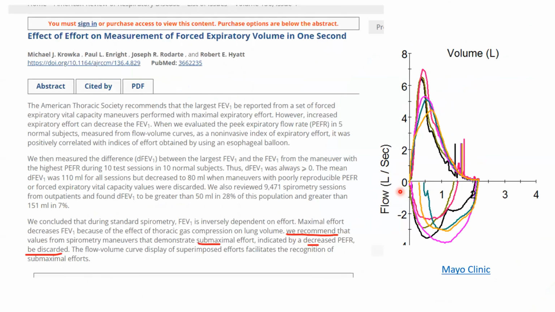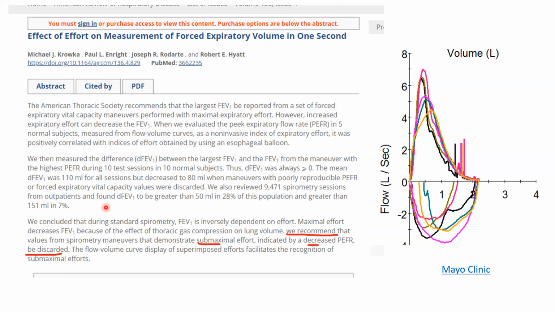And this was just a publication where they took healthy volunteers and they dropped an esophageal balloon in there to measure the pleural pressure, which was their identity for effort. And they documented that the more effort there is, the lower the FEV1. And we do always want to take the highest FEV1, but it's supposed to be forced.